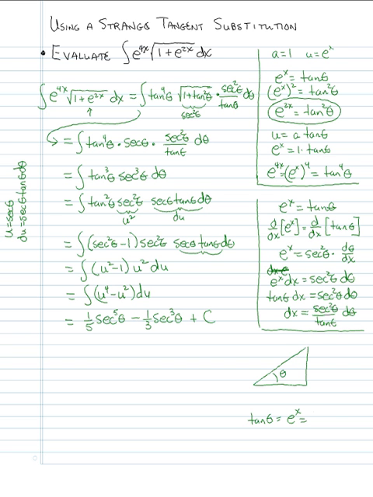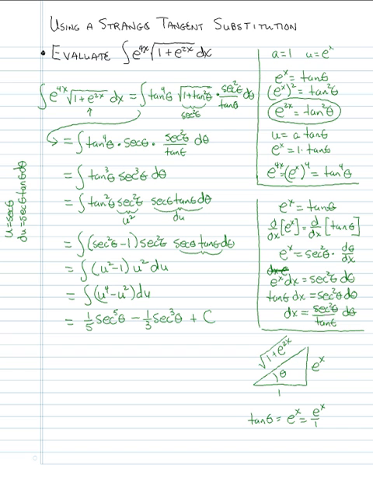When we want to write that as a fraction, e to the x over 1, because tangent of theta is opposite over adjacent, there's the opposite side, and there's the adjacent side. And then if we use the Pythagorean theorem to determine the value of the hypotenuse, we would end up with the square root of 1 plus e to the 2x.